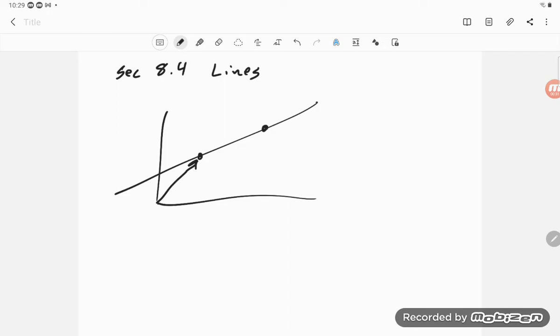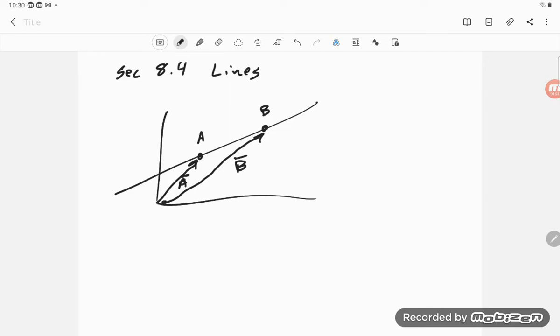Okay, I've got that position vector for that point, and maybe this is point A, position vector A. And then out here I've got point B. So, here's A, here's B, and then their position vectors.